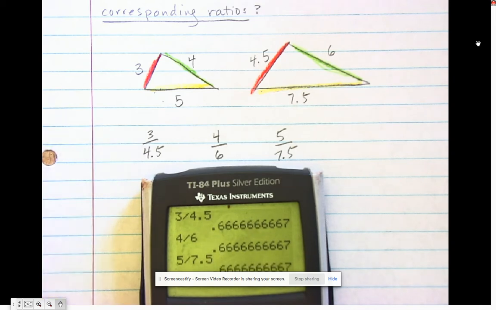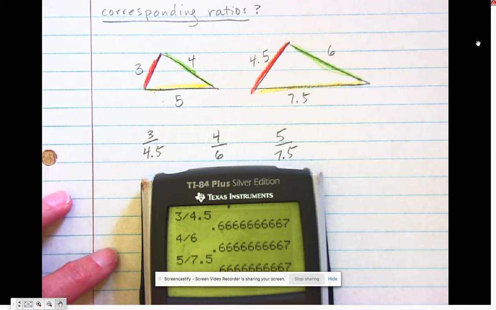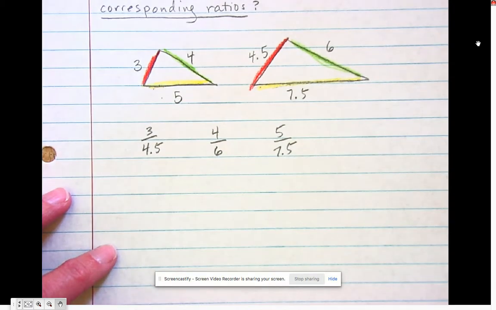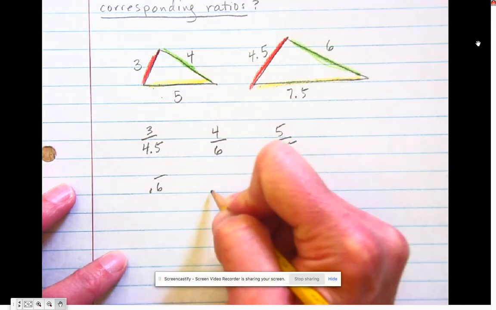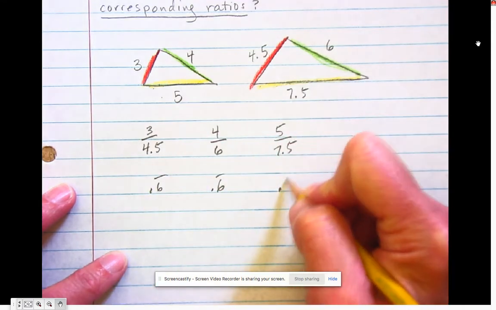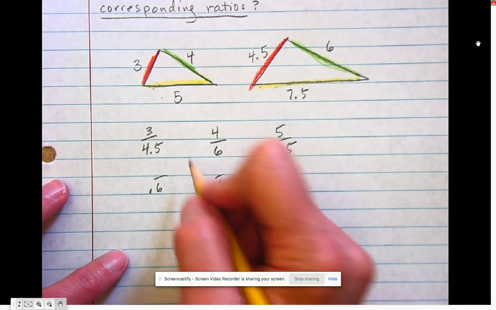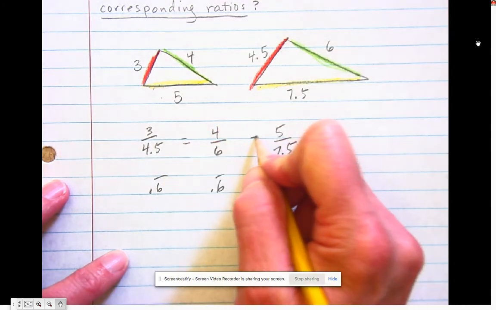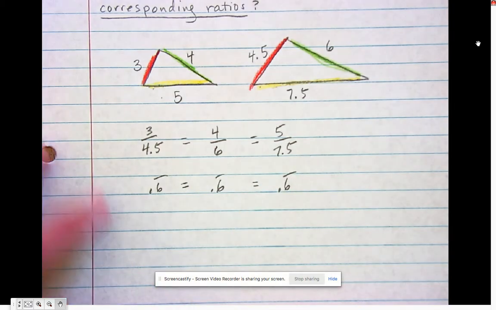So without either scaling them up or scaling them down, I could see that if I converted these ratios to decimal form, basically making it out of 1, each of these decimals is equal to 0.6 repeating. Okay, so in decimal form, I'm noticing that these ratios are each equivalent to each other. So that's just a quick way to tell that those ratios are the same.